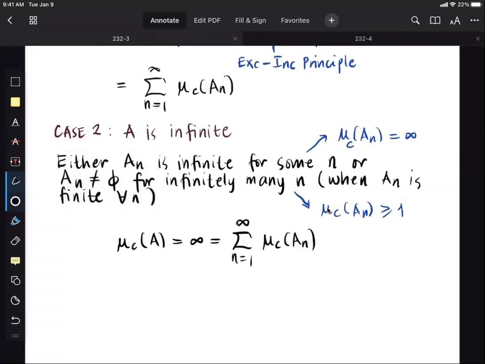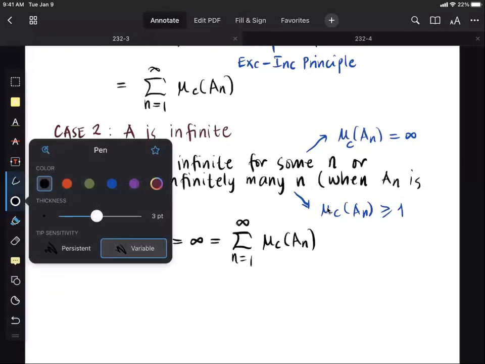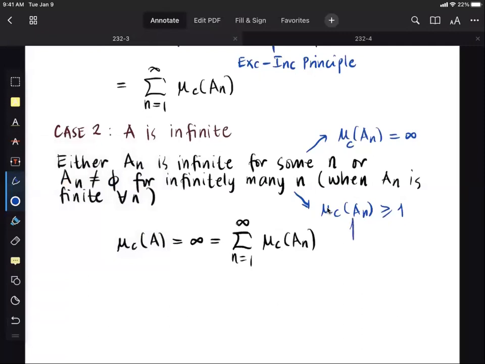On the other hand, if the counting measure of A sub n for infinitely many n would be greater than or equal to 1, in other words, you're taking the sum of numbers greater than or equal to 1 infinitely many times.